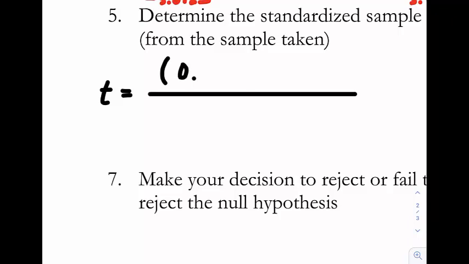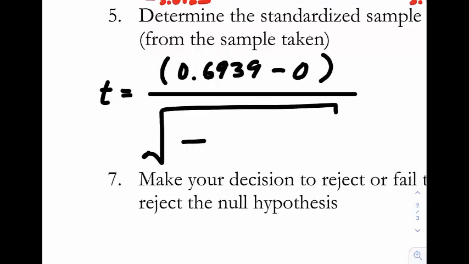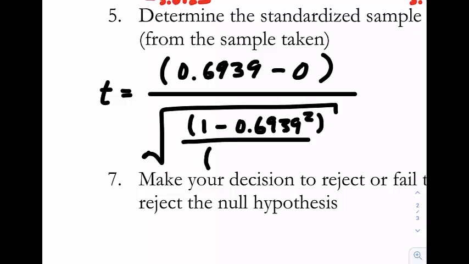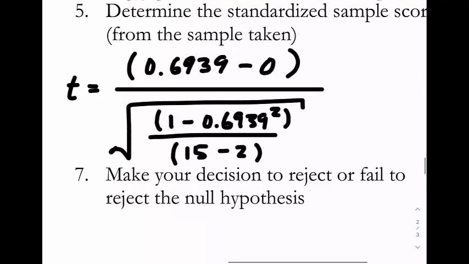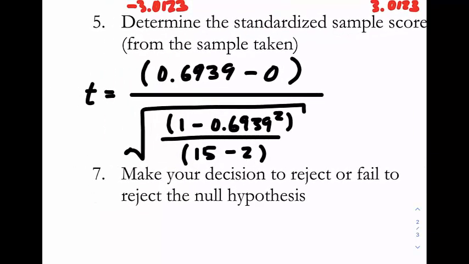So starting off with parentheses here, 0.6939 minus 0, you certainly don't need the minus 0 there, divided by, in parentheses again, 1 minus 0.6939 squared, close parentheses, divided by 15 minus 2. And usually in a lot of cases I just write down the 13. I don't necessarily write down 15 minus 2. You could just do that in your head.